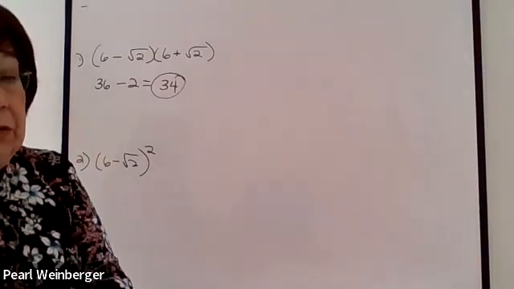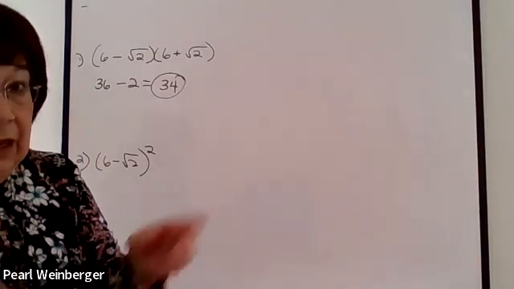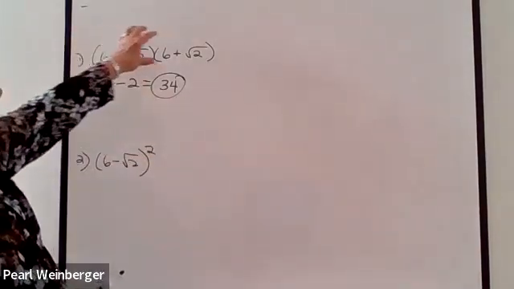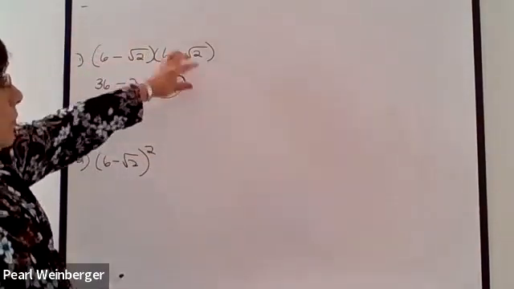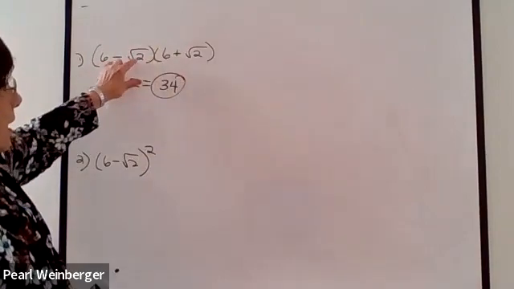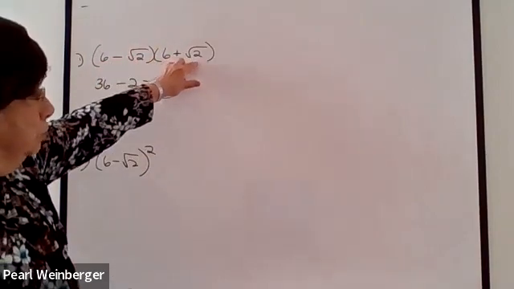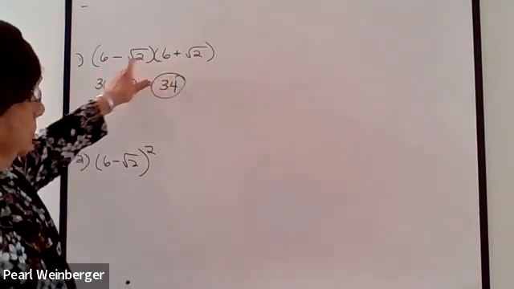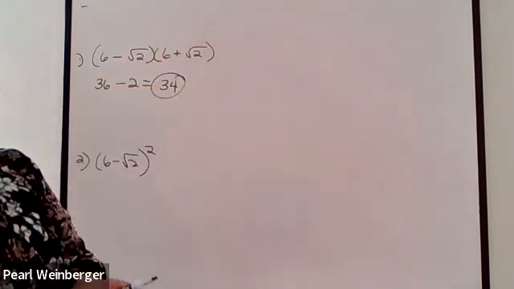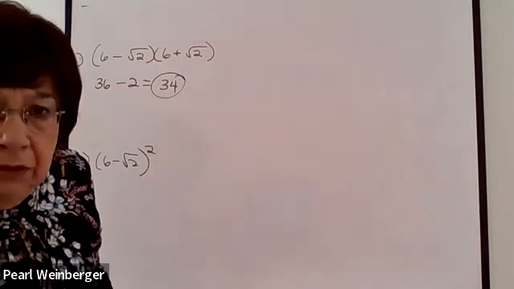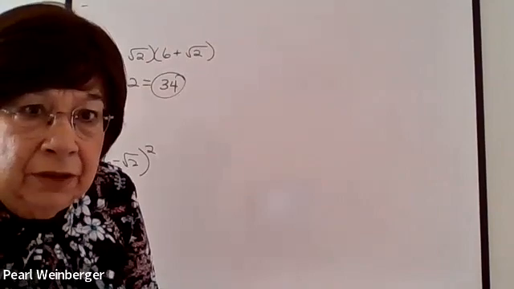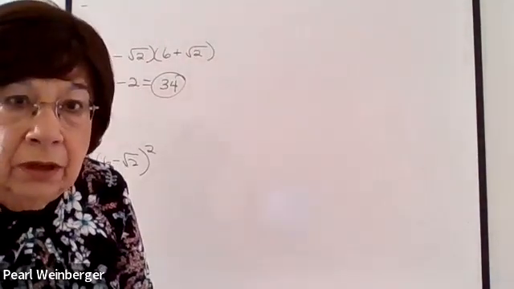And I want you to notice something very interesting. It happened before, it's happening now. We had two binomials that looked very complicated. They both had radicals with them. But because they were conjugate binomials, when we ended up multiplying, the answer didn't have any radical in it at all.